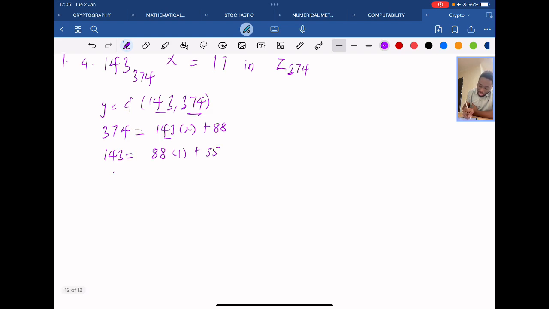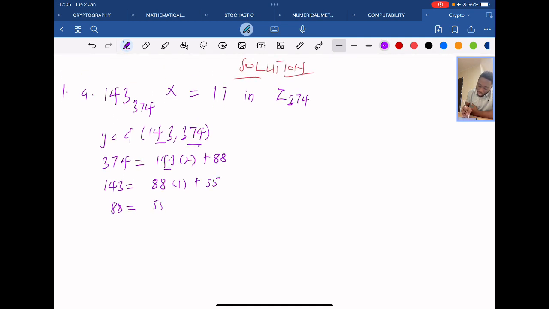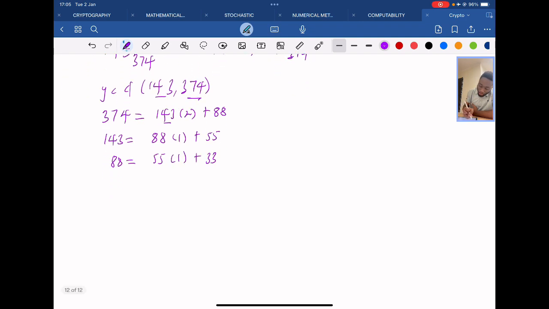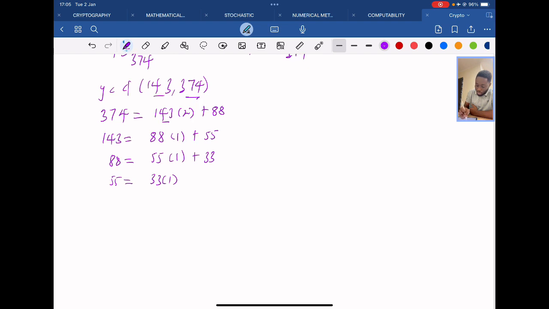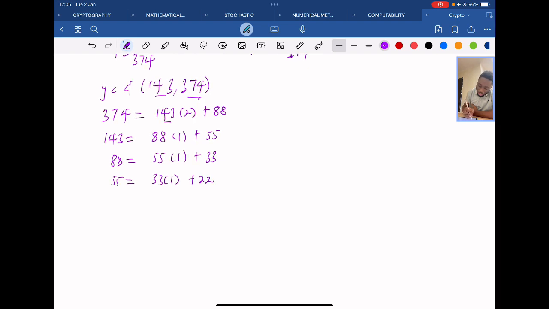Again, we write the 88 is equal to the remainder. How many times will it go? Once, plus 33. 55 is equal to 33 plus 1, then plus 22. 33 is equal to 22 plus 11.